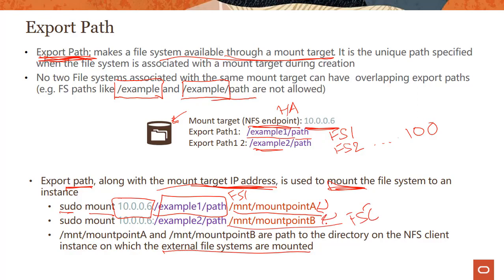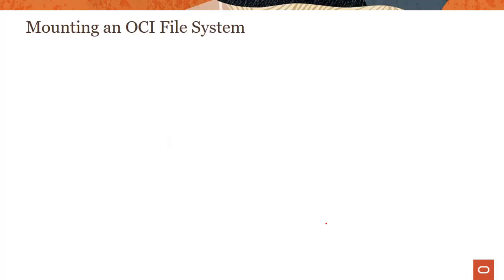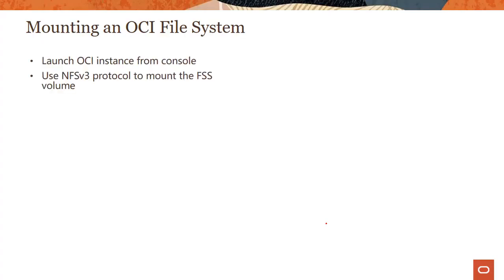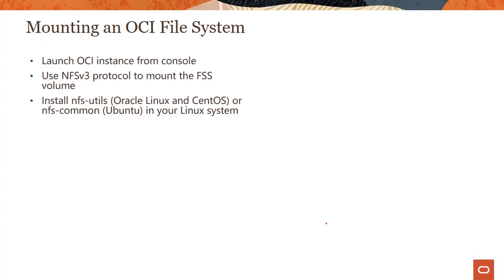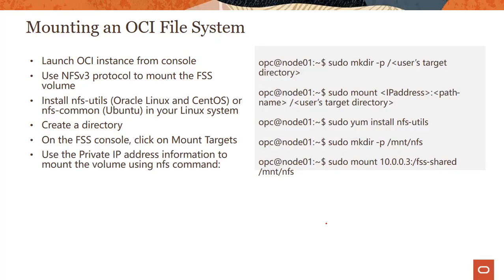to this mount point. So as you create a mount target and a file system, the next step you have to do is mount them to an instance running in OCI, right? So you launch an instance, you install some of the utilities, NFS utilities if they're not there, and then you just mount them. The process is really straightforward. We just saw this mount command here.